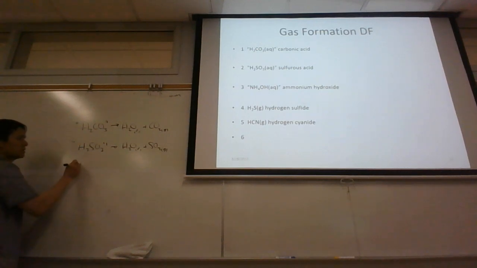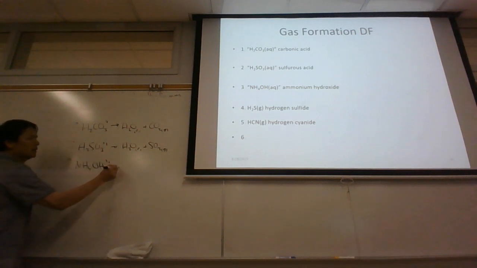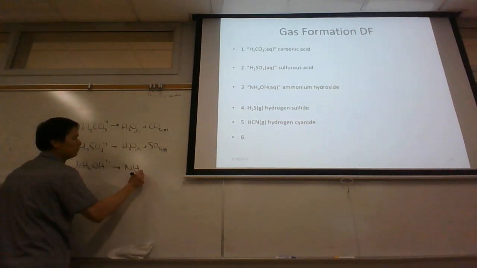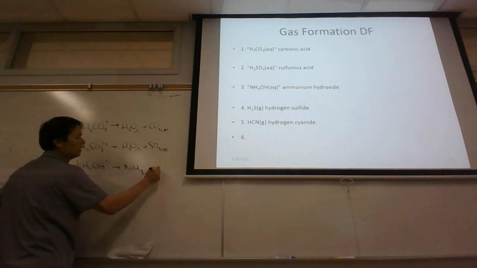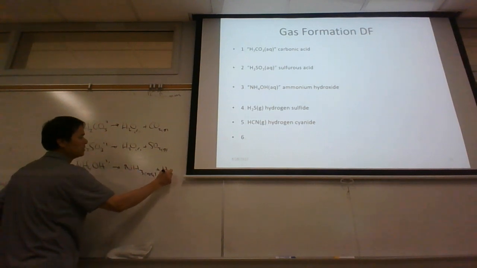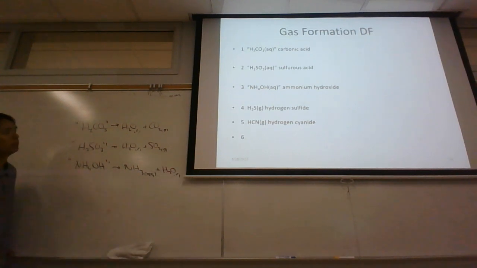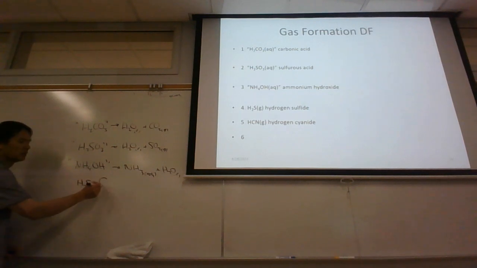Ammonium hydroxide is unstable. So if we have ammonium combining with hydroxide ions, that decomposes into ammonia, aqueous ammonia, and H2O liquid. We don't want to mix sulfide with hydrogen ions. Sulfide with hydrogen ions produces the very toxic hydrogen sulfide.